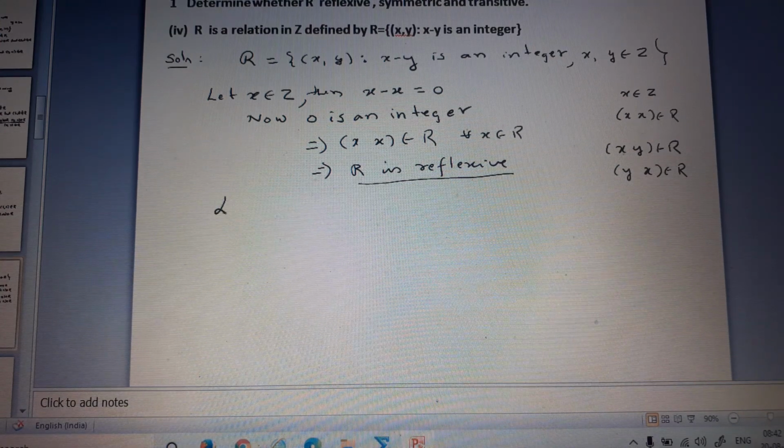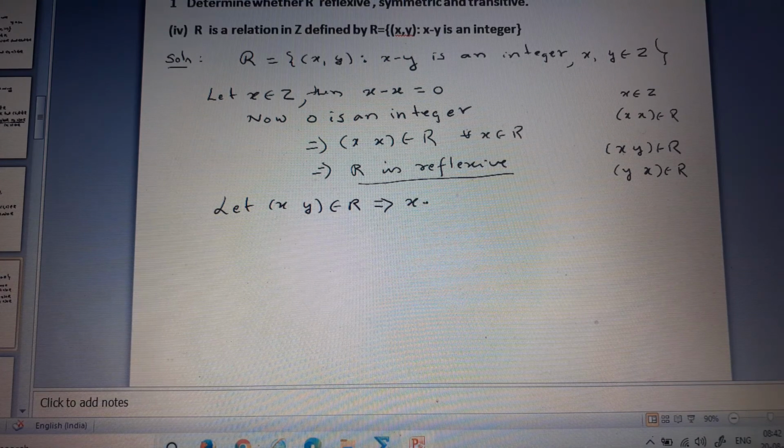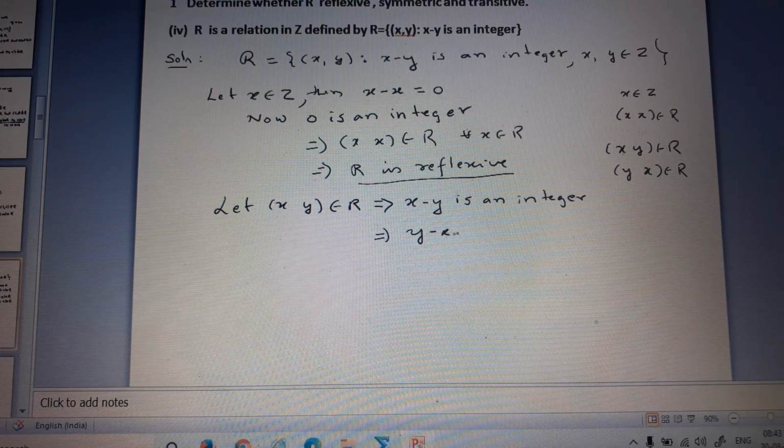Then let (x, y) be in R. This implies if (x, y) is in R, x minus y should be an integer. Now if x minus y is an integer, what about y minus x? That's also an integer.